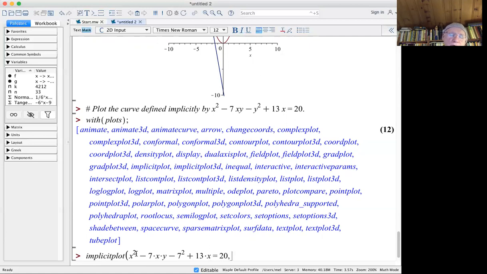And I have to give a range of values for x and y. I think this is right. Let's just see what happens. X goes from minus 10 to 10, and Y goes from minus 10 to 10. I have to give a range of values for both X and Y.